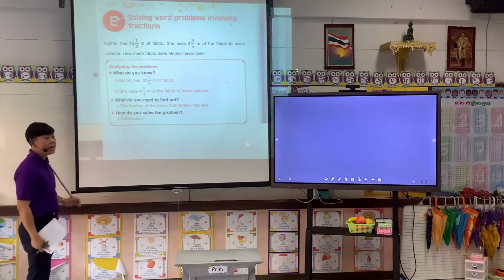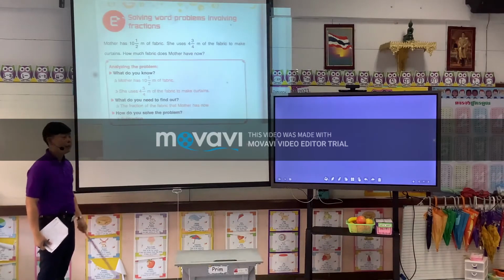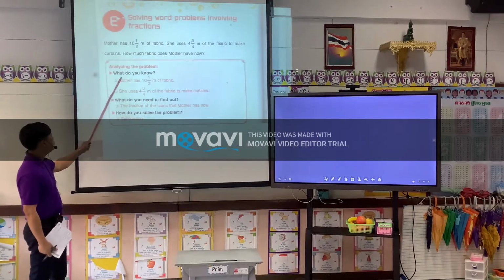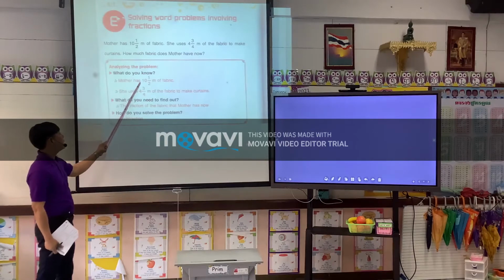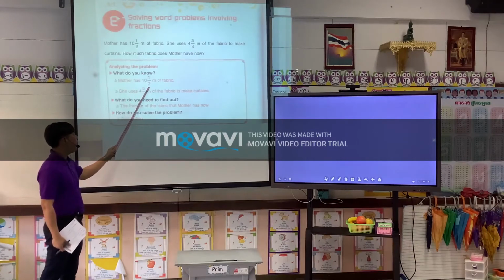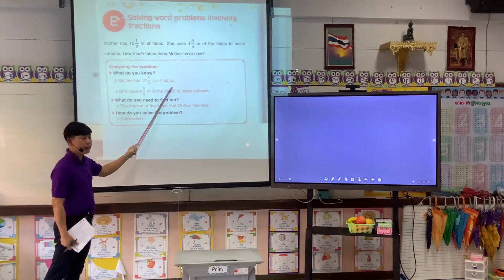Okay, so analyzing the problem. How do we analyze the problem? What do you know? Mother has 10 1/2 meters of fabric.